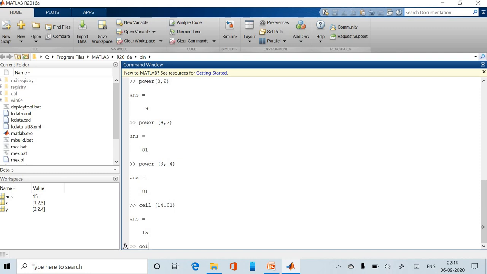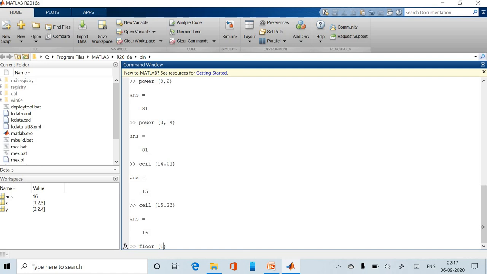Let's check for another one. Ceil 15.23. So it is getting 16. So it will give the upper number, and floor is just the opposite. Floor will return the lower number.